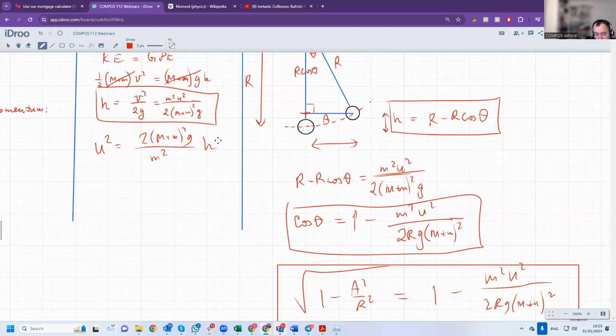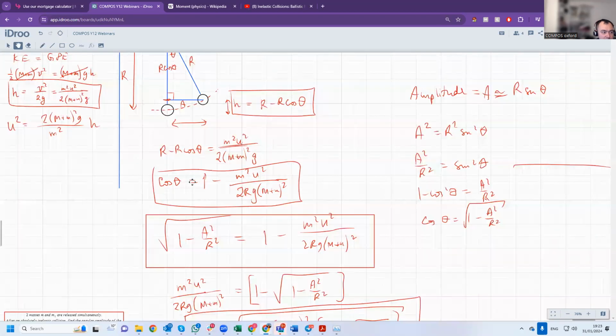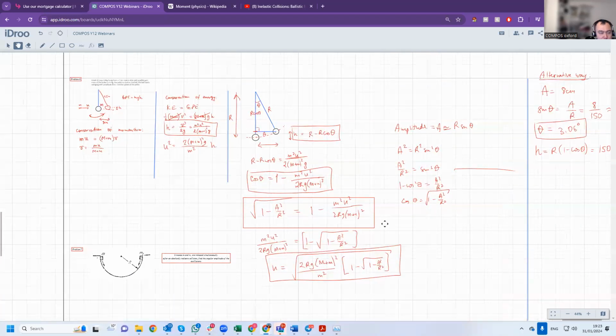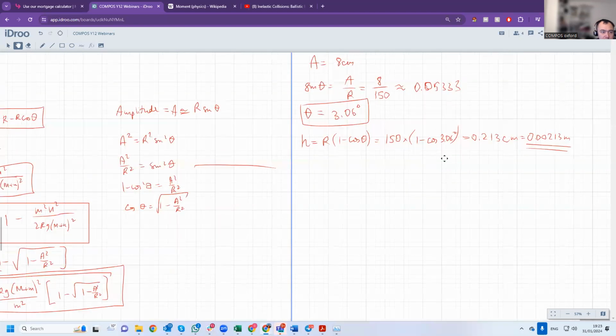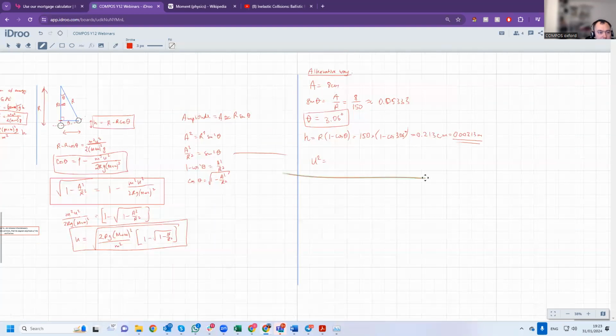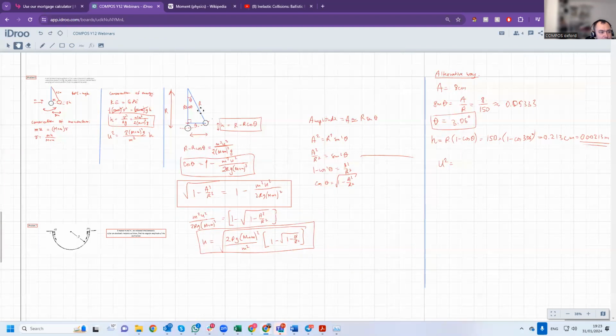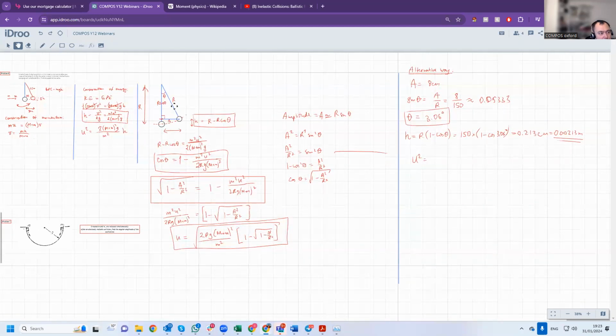Well, you can do 405 squared, close bracket, multiplied by 10, divided by 5 squared. So u squared... it's way too small.